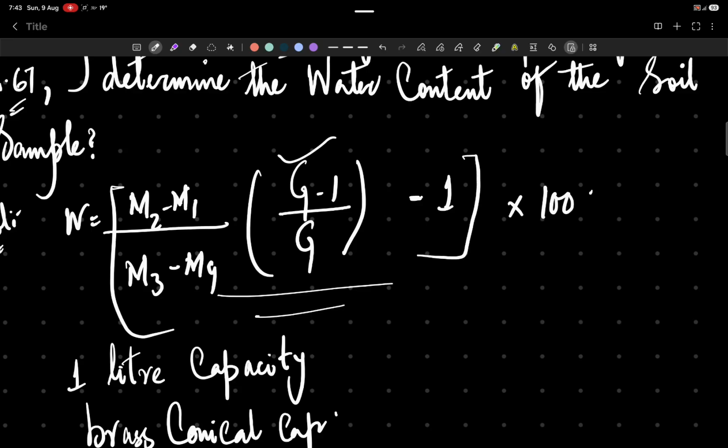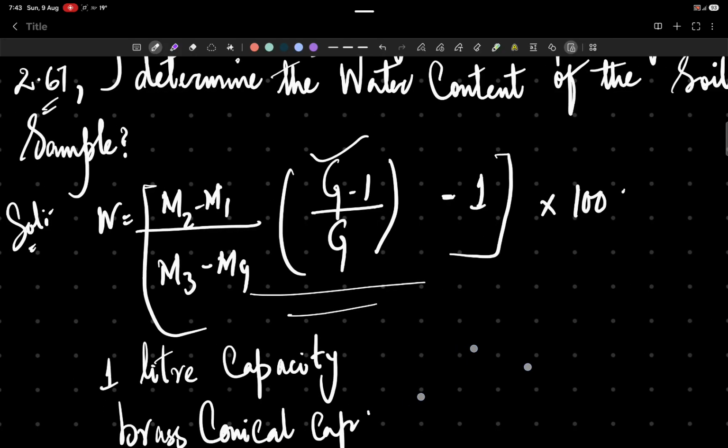We can use any alternate method for the same thing, or we can even use the picnometer method for the determination of the specific gravity of the soil solid particles, but that we have to do prior to making use of the same picnometer for the determination of the water content of the same soil.